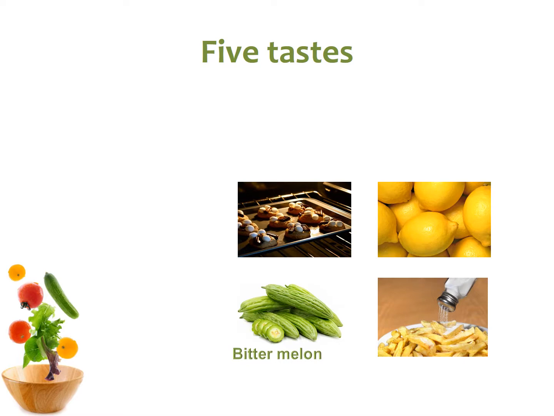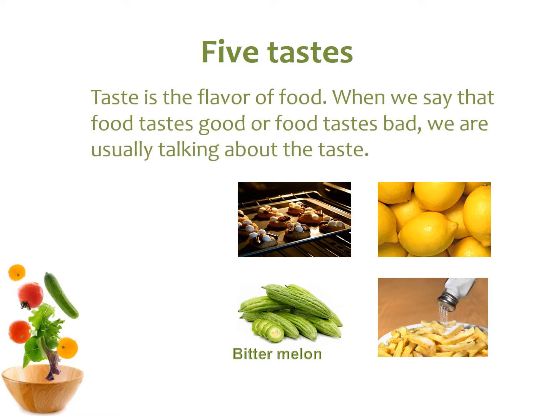Let's look at the photo. Here you have cake, lemon, bitter melon, and potato chips. Taste is the flavor of food. When we say that food tastes good or bad, we are usually talking about the taste.